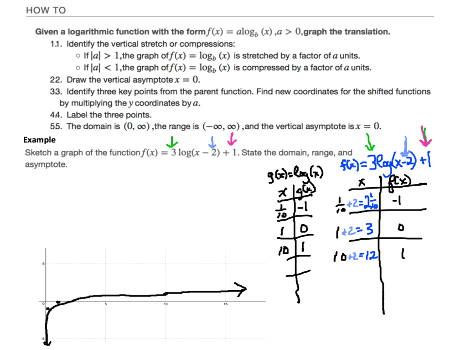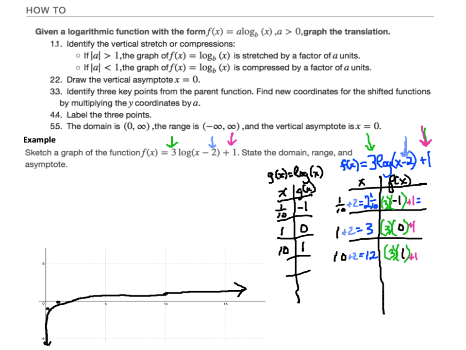And then with my outputs, I'm going to multiply by 3, and then I need to add 1. So I get new output values.